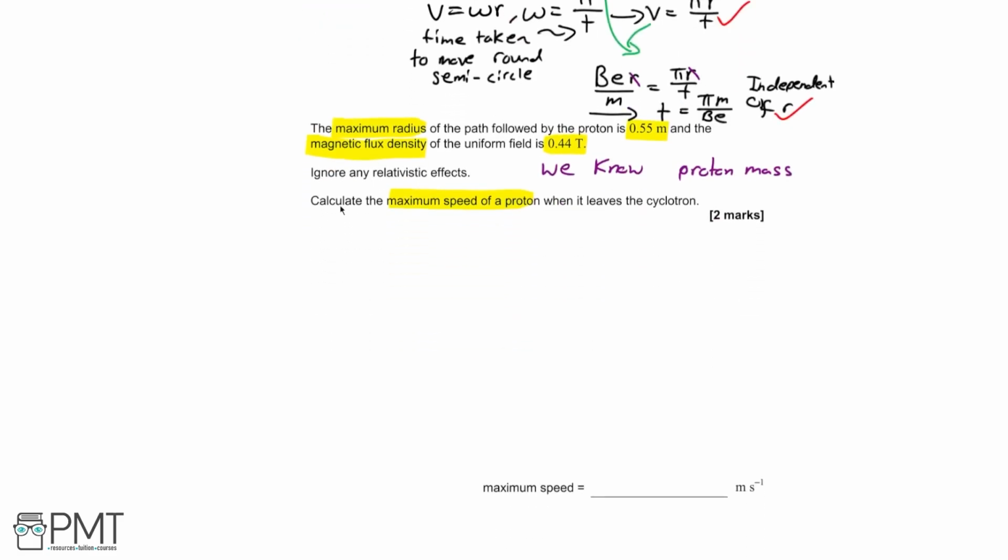Therefore, what we want to do is use this equation, v is equal to B e r divided by m. From there, what we need to note is that the maximum speed is at the maximum radius.